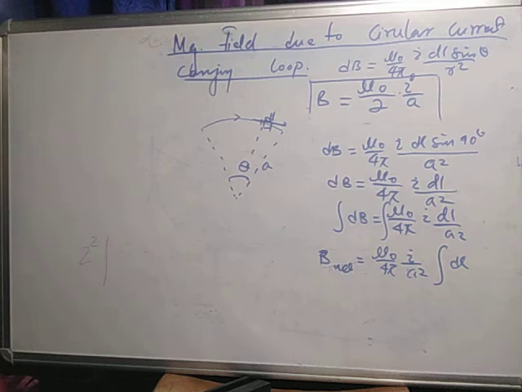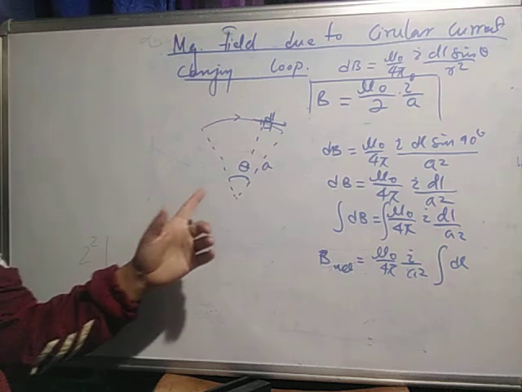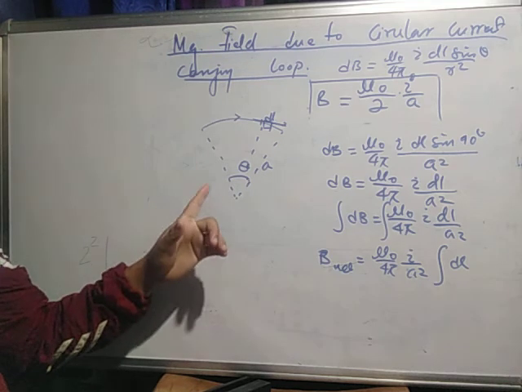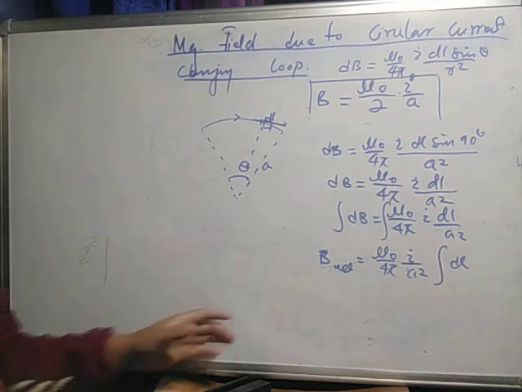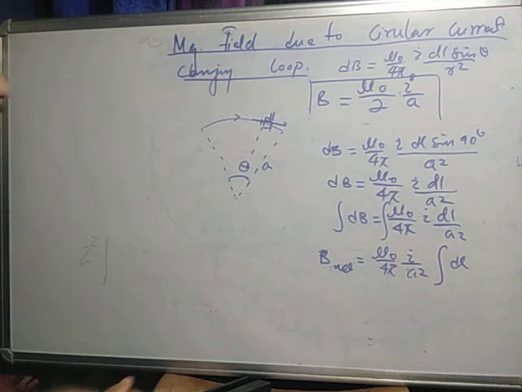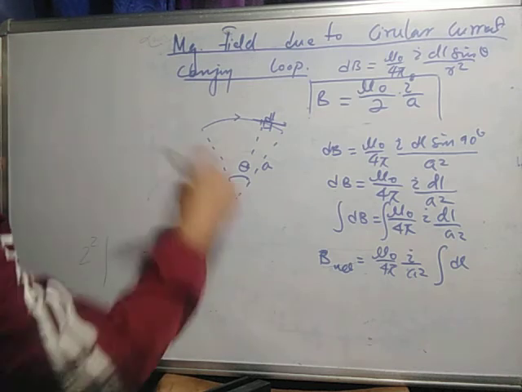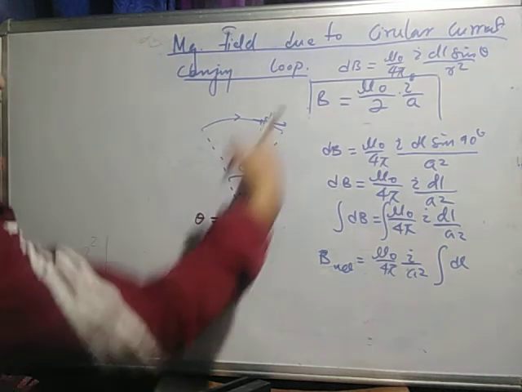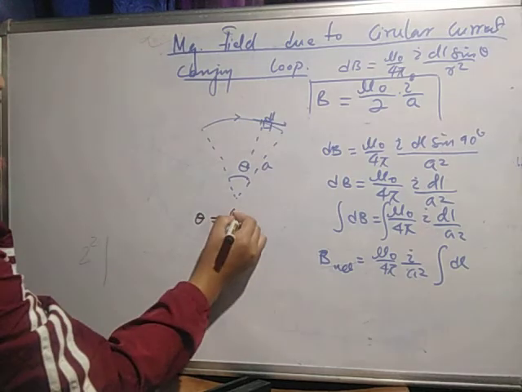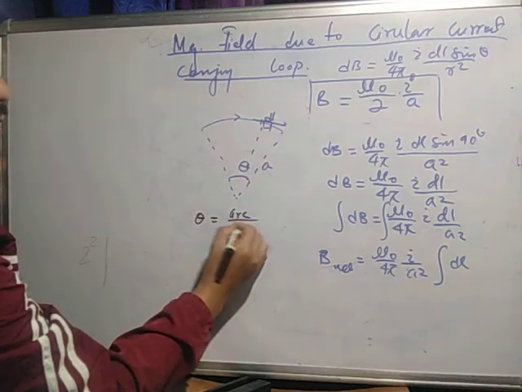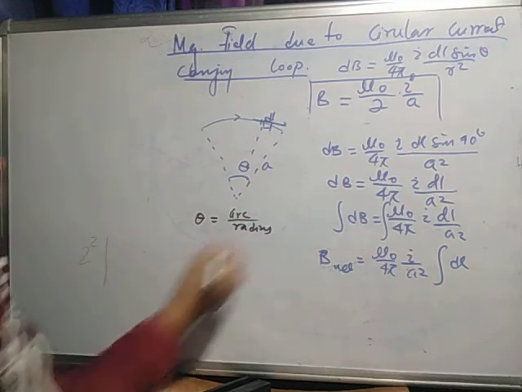So here this is a sector, isn't it? Not a quadrant, not a semicircle, but this is a sector. You know this one, isn't it? So here theta equals to how much? Arc by radius. Arc by radius, isn't it?